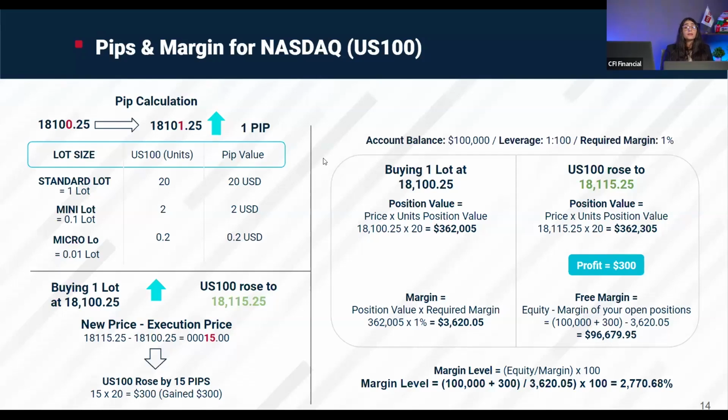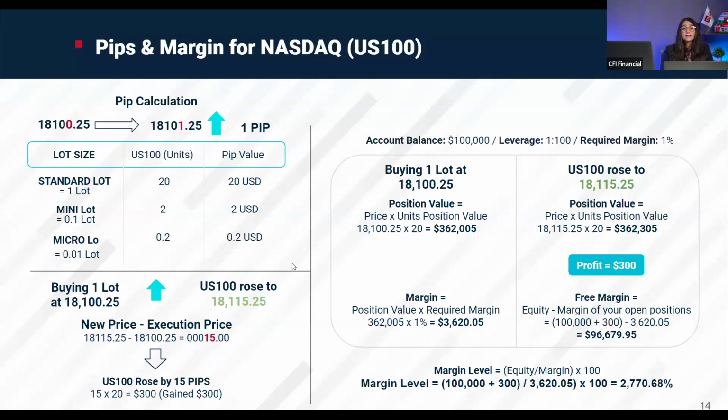Let's see how we're able to calculate the pip and the pip value. Let's say I went and I bought one lot at the price of 18,100.25 and the price rose to 18,115.25. To be able to calculate how many pips the price rose, I take the new price that it reached, I subtract from the price that I entered. So in our case, we gained 15 pips.